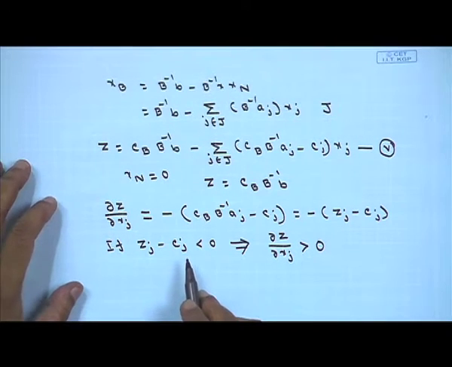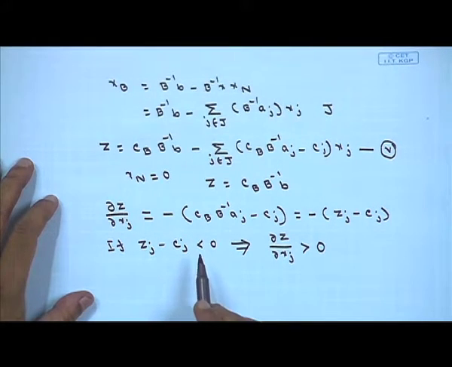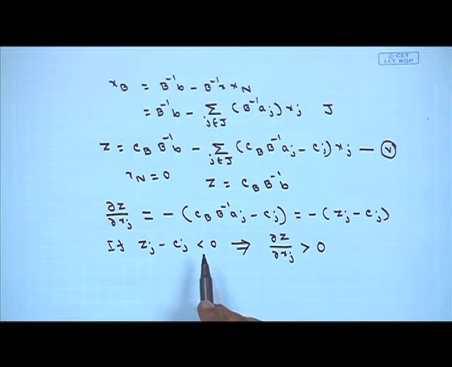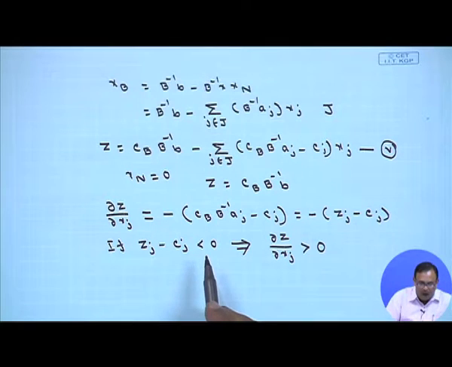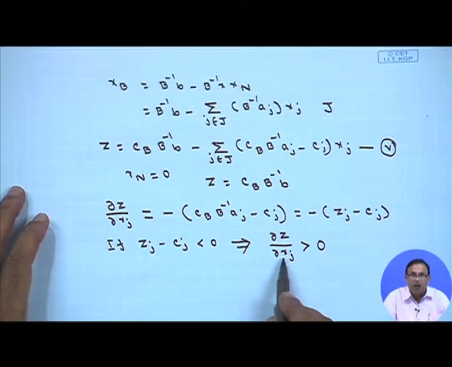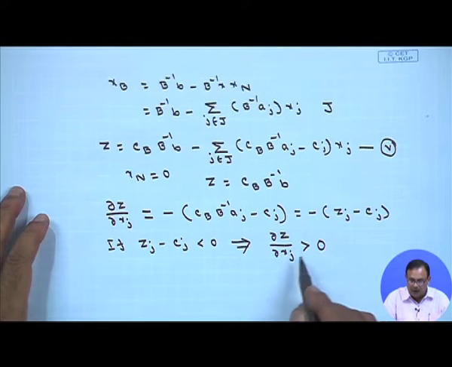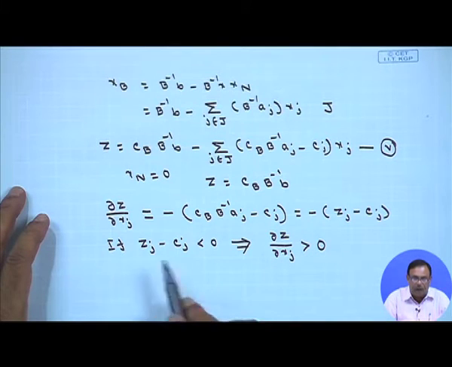So, we can say from here that if the value of the non-basic variable x j increases from its current value, then the value of z also will increase. Please note this one: since the first derivative is greater than 0, the value of the objective function also will increase.